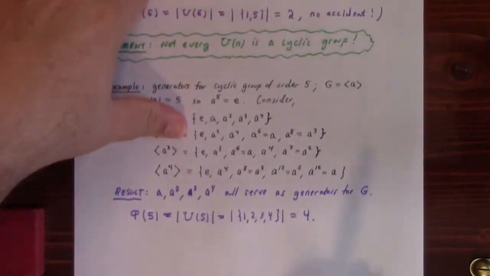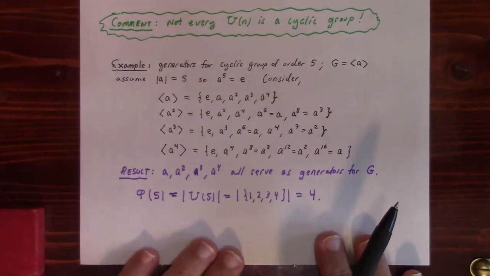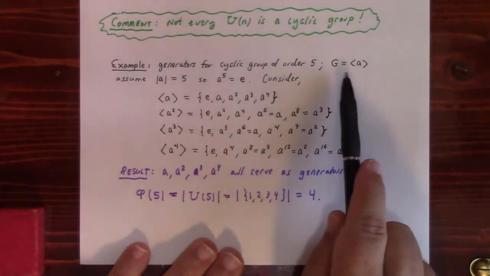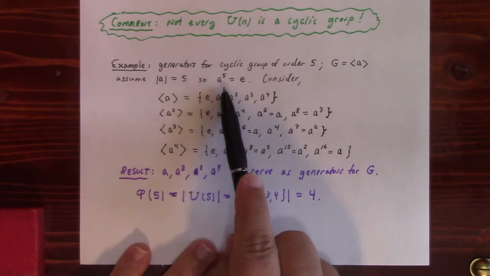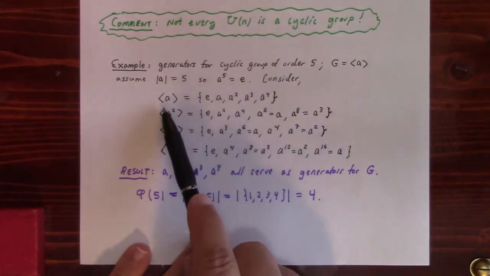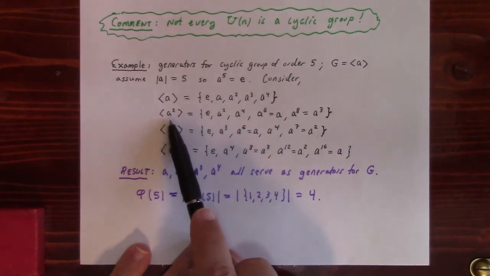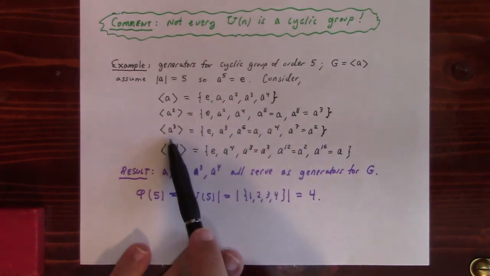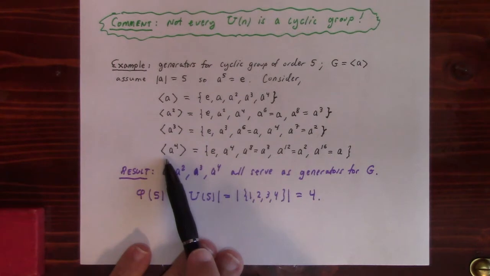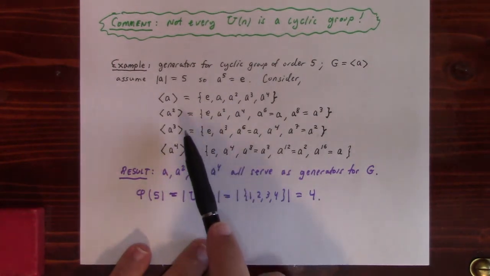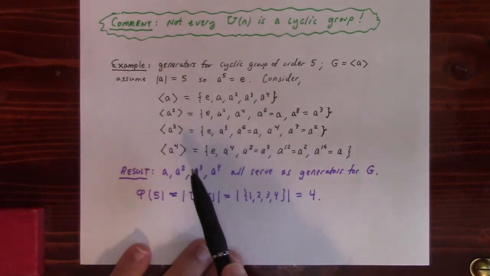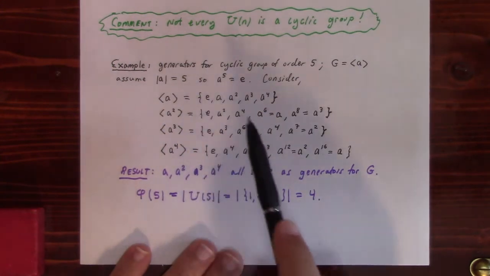Another example here, just in terms of generators. If we have a cyclic group of order 5, then of course the order of a is 5, a to the 5th is e, and here's the subgroup generated by a, by a squared, by a cubed, and by a to the power 4, and all of these are the same because 2, 3, 4 are all relatively prime to 5.